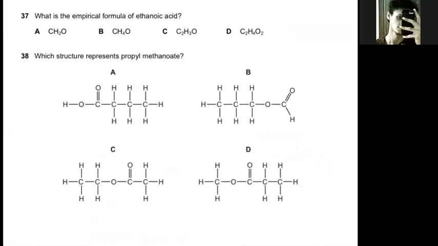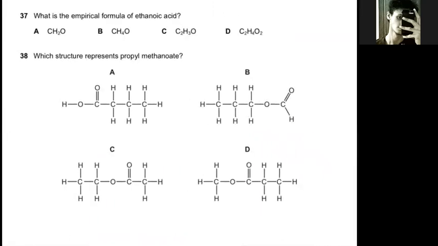Next question is, which structure represents propyl methanoate? In esters, the alkyl group comes from an alcohol, and the other part comes from a carboxylic acid. Therefore, the compound with the carbon-oxygen double bond should have only one carbon atom because it's methanoate, and the other part should have 3 carbon atoms.